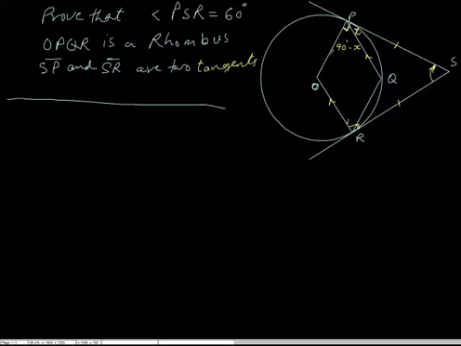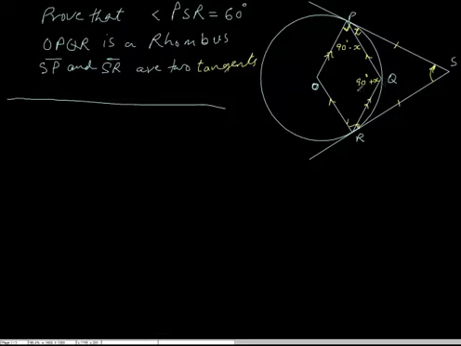In a rhombus all sides are equal in length, but the opposite sides are parallel to each other, right? So if the angle is 90 minus x, the other has to be 90 plus x to make 180 degrees for both of them.